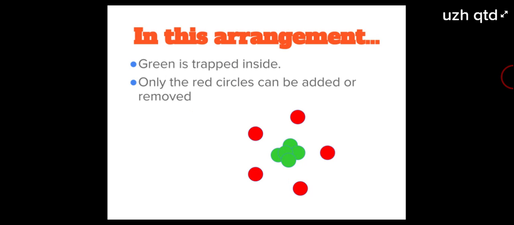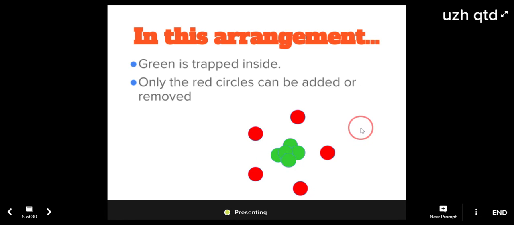So now let's make a formation. In this particular arrangement, let's say that the green dots are trapped inside and only the red circles can be added or removed. So the green dots can't move, only the red circles can be added or removed. This arrangement should look kind of familiar. We'll talk about that as we move on though.